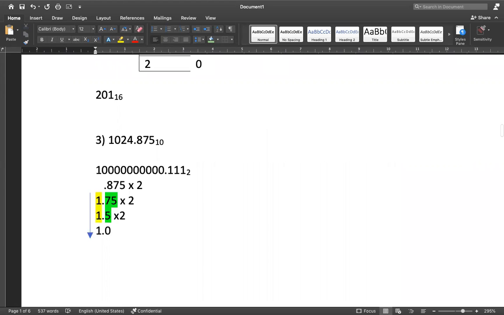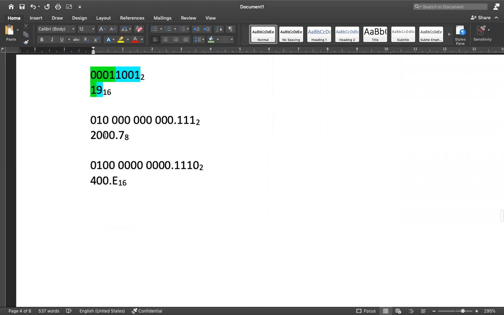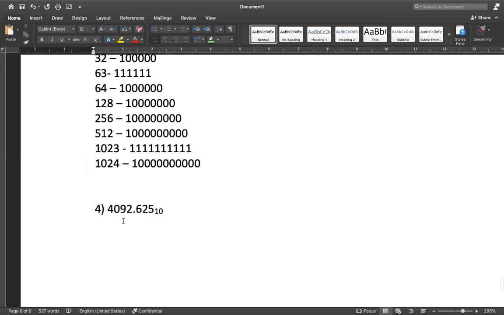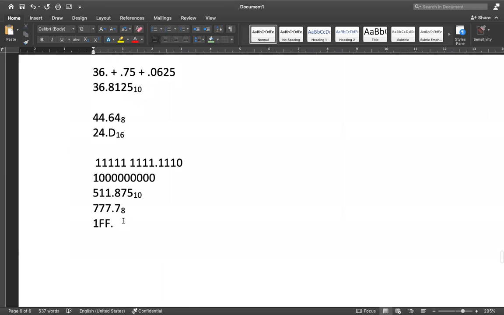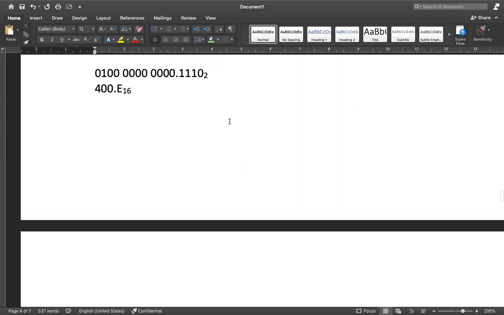You can add 0 only here. So with that concept, it is E. So 1FF point E. Okay, correct it. Yes. 1FF point E.